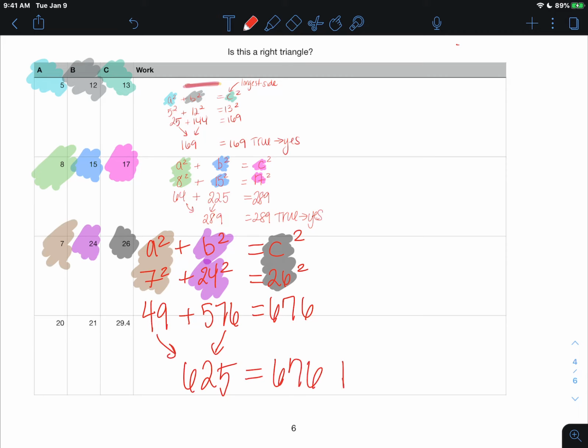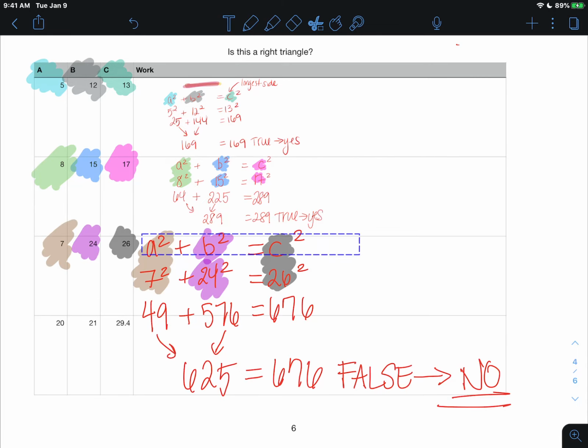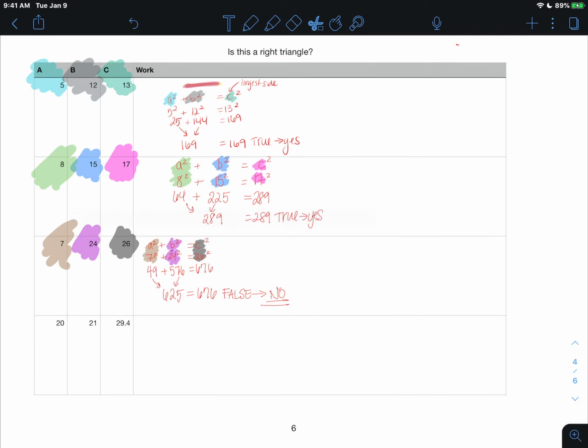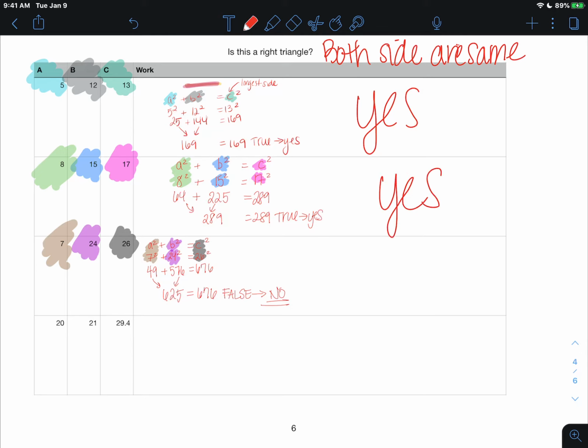Is this a true statement? No, this is false. So no, this is not a right triangle. So noticing, all I'm just testing to make sure is that both sides are the same. So this was a yes, this was a yes, this was a no.